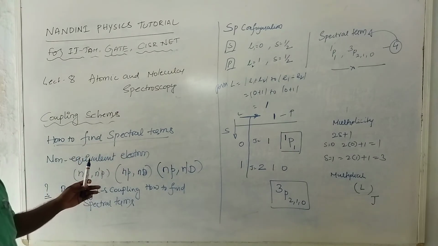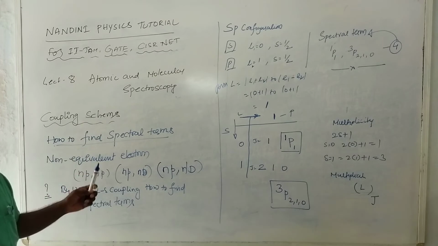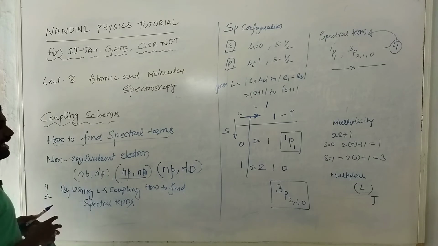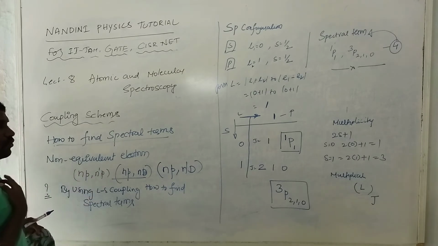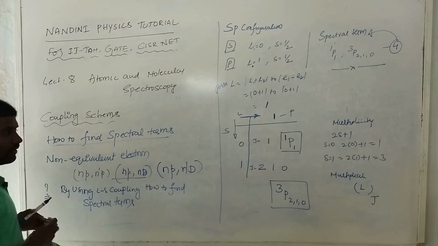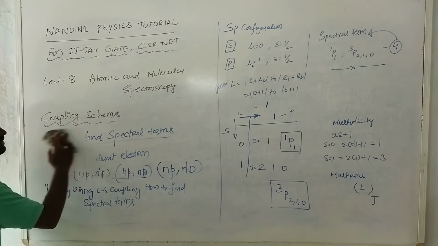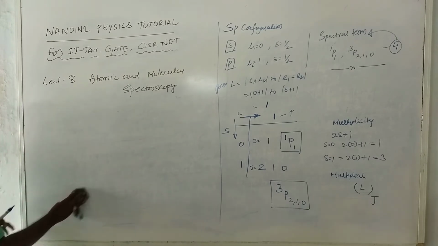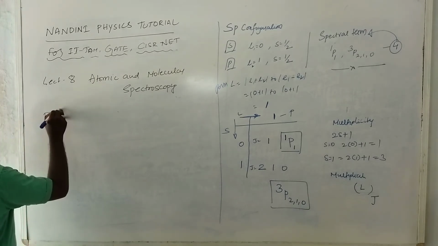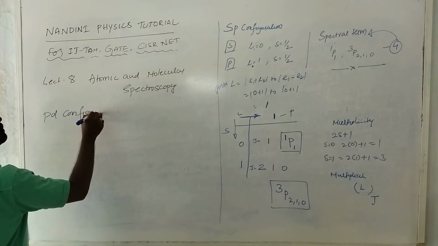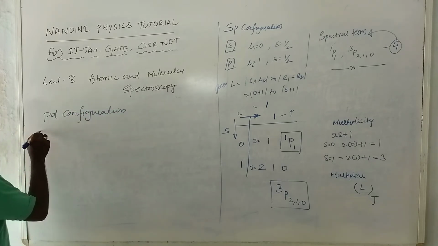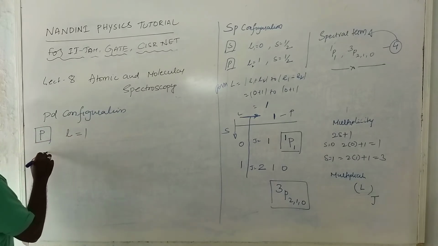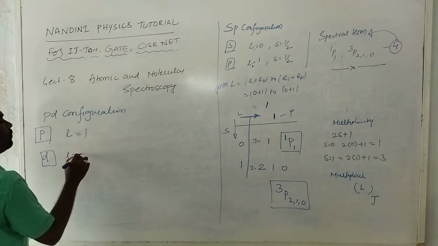Similarly, I will do the PD configuration. In the PD configuration also, there are non-equivalent electrons only. So, for the second case, the PD configuration: first take the P state having L equal to 1 and the D state having L equal to 2.